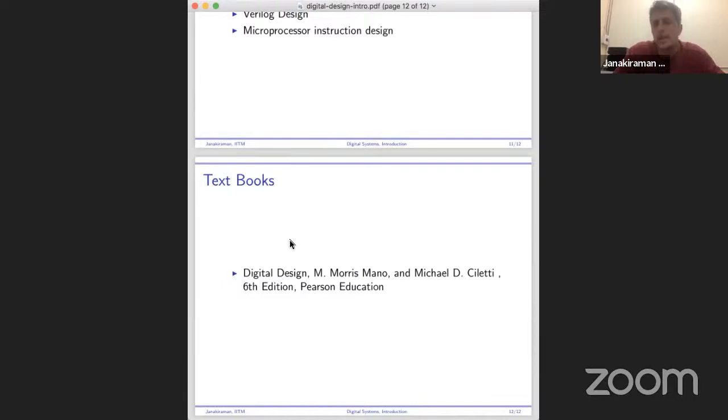I strongly recommend that all of you buy the Indian edition of this book. It's not very expensive. It is available on Amazon or any other bookshop. Please do buy this textbook because there are numerous worked out examples and problems behind each chapter.